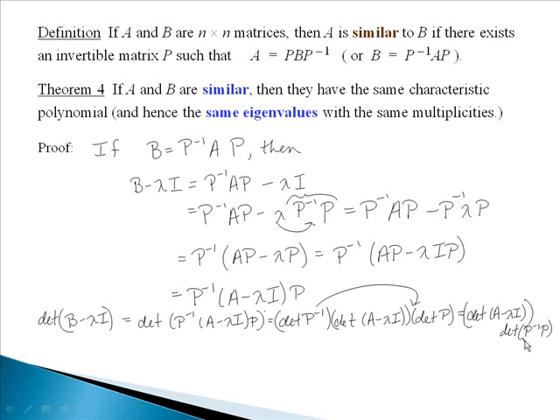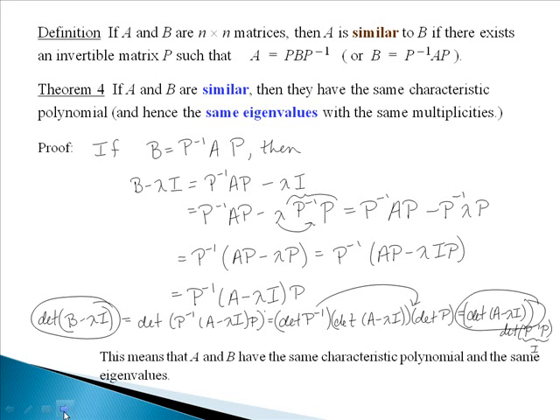But we know that P inverse P is simply I, so the determinant of I is 1. So what I have then is that the determinant of B minus lambda I is equal to the determinant of A minus lambda I. So this means then that A and B have the same characteristic polynomial and the same eigenvalues.